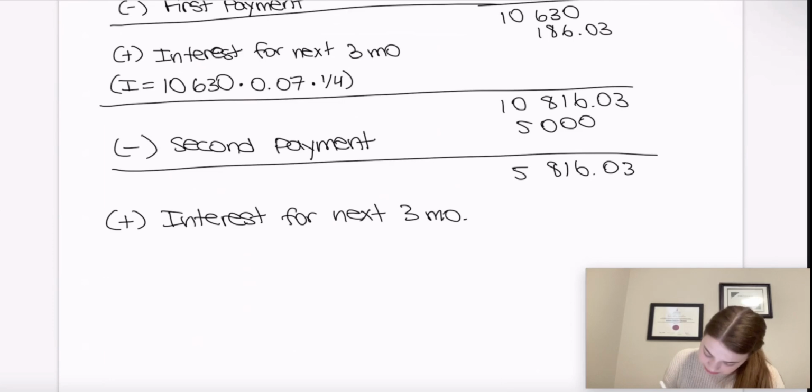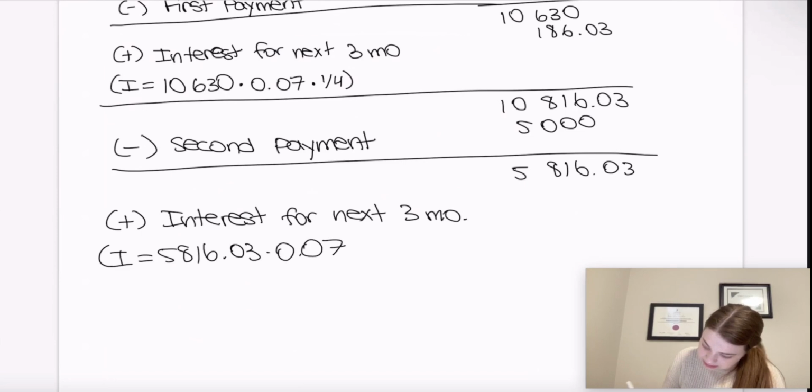So in this case, the interest is going to be equal to $5,816.03 times the interest rate times the number of years, which is 3 months, so that's a quarter of a year. So 0.07 divided by 4 times $5,816.03.